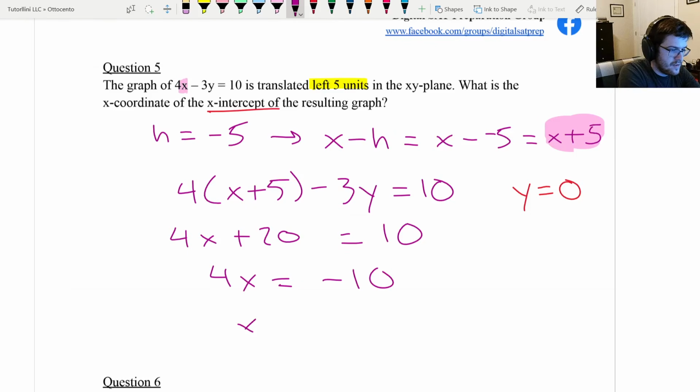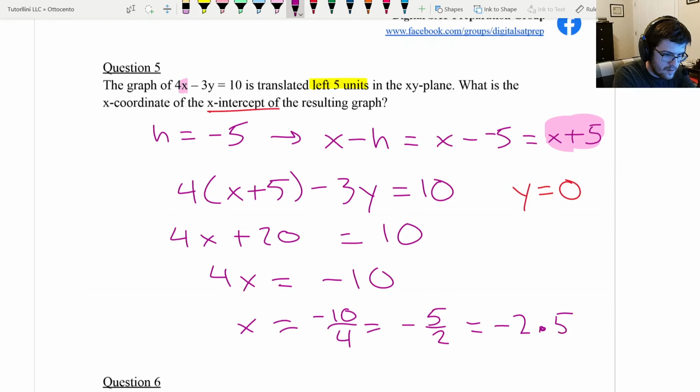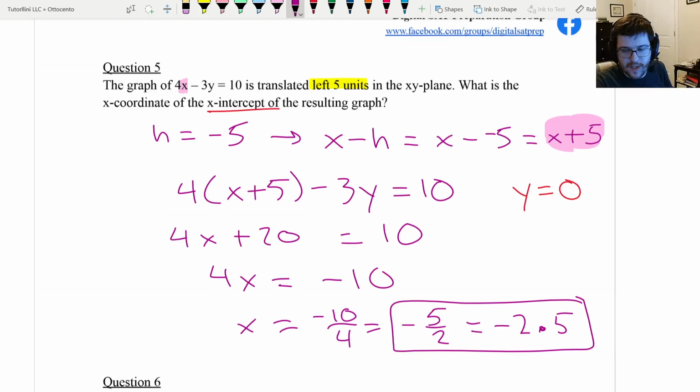And we get x equals negative 10 over 4, which simplifies to negative 5 halves, which is also negative 2.5. So either of those would be acceptable. Why don't we check it using Desmos?